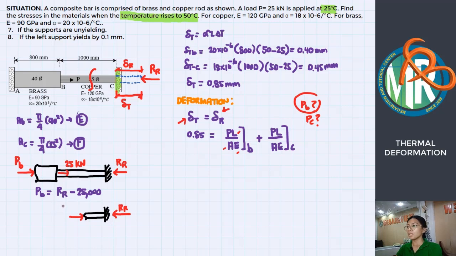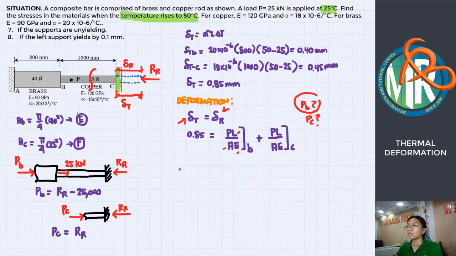So, this is P sub C. No? So, hindi nakasali si 25 kilonewton kasi nasa junction yan ng brass and copper. So, si PC and RR lang yung andito. From our cut na member, we can say that the reaction of the copper is just equals the reaction at the right support. Tama? So, pwede mo na yung isubstitute dito.